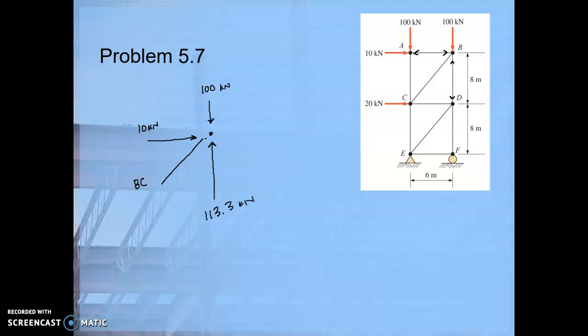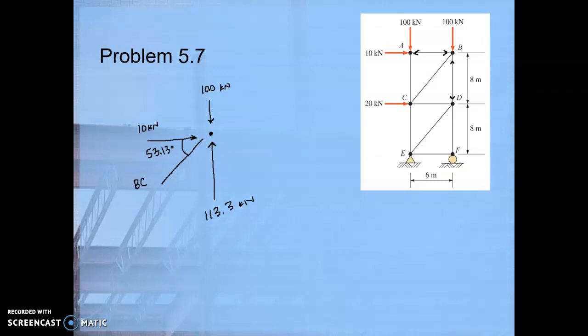And once we solve for that, then this truss will be completely analyzed. We also know that the angle that that diagonal member makes with the horizontal is 53.13 degrees.